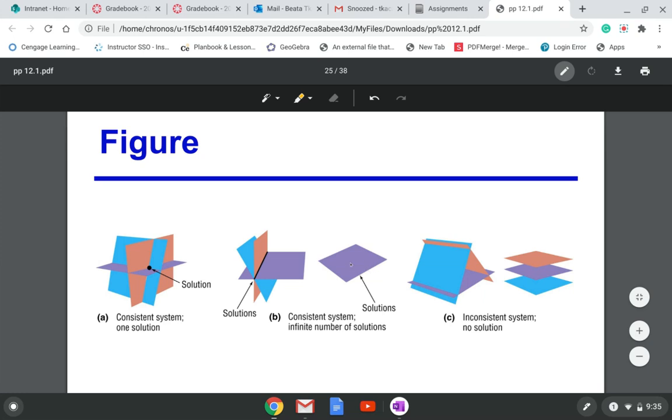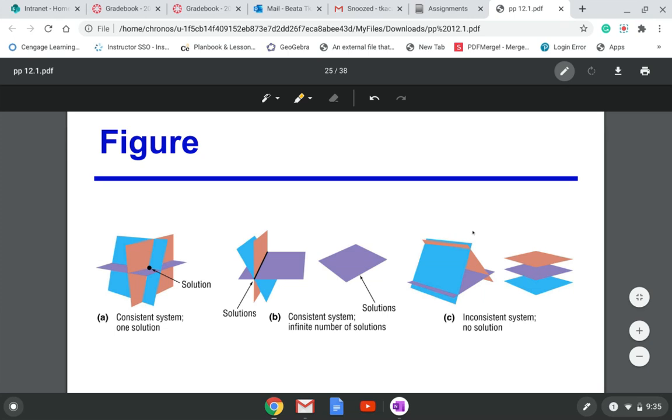This is example B. That means the solution of that system will be the equation of the plane, the one which is in purple. Every single point on that plane satisfies the system of equations. That's why we call this system consistent with infinitely many solutions, which means every single point on the purple plane is a solution of that system.